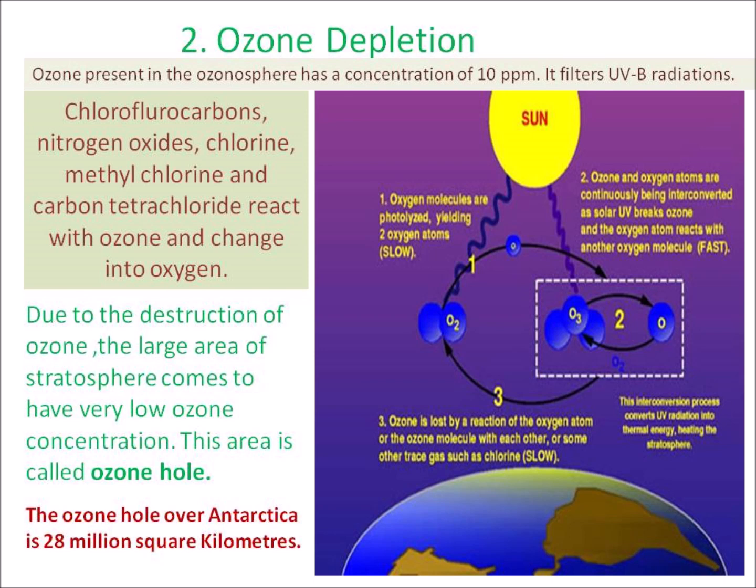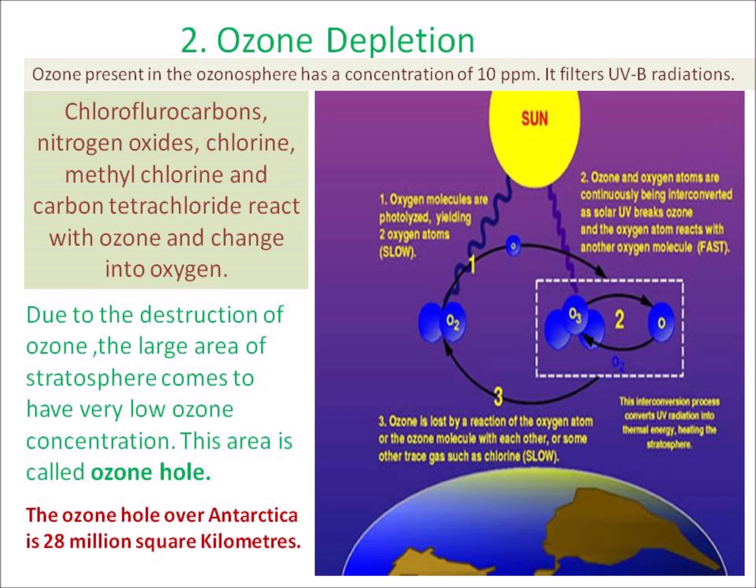Chlorofluorocarbons, nitrogen oxides, chlorine, methyl chlorine and carbon tetrachloride react with ozone and change into oxygen. Due to the destruction of ozone, a large area of stratosphere comes to have very low ozone concentration. This area is called the ozone hole. The ozone hole over Antarctica is 28 million square kilometers.